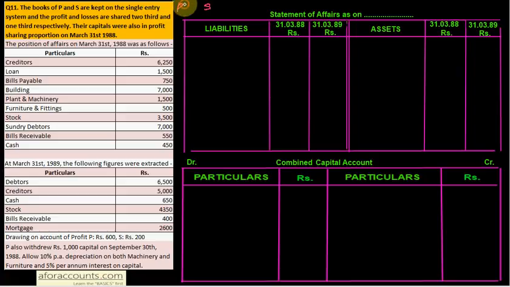Immediately write down P's share is 2/3 and S's share is 1/3 in profits. Their capitals are also in profit sharing ratio as proportion. See, 2/3 and 1/3 is the profit sharing ratio as well as the capitals are also in the profit sharing proportion on 31st March 1988.